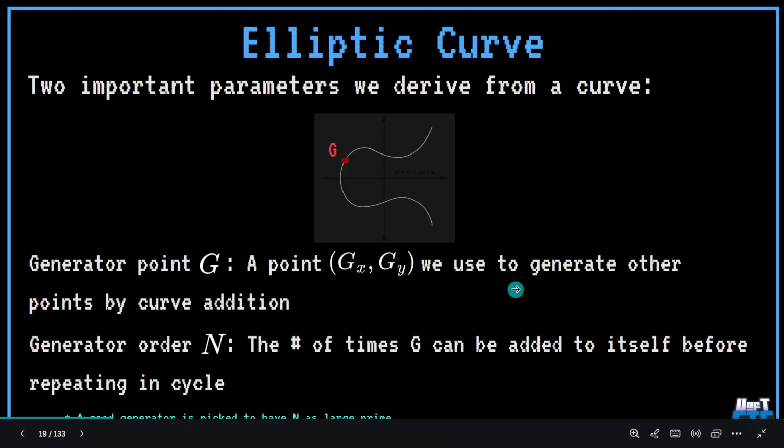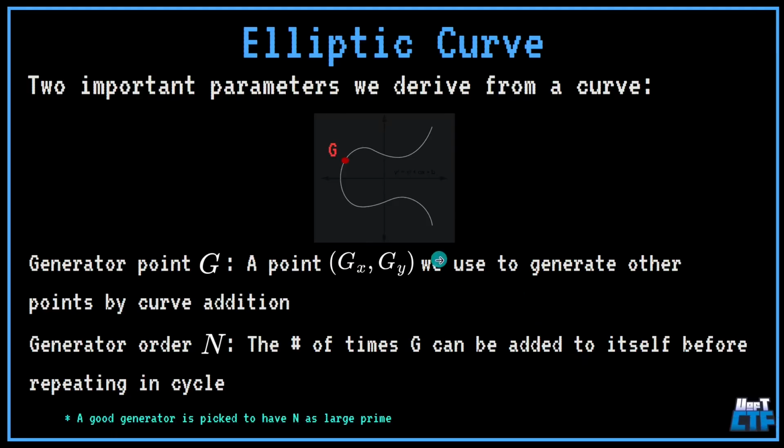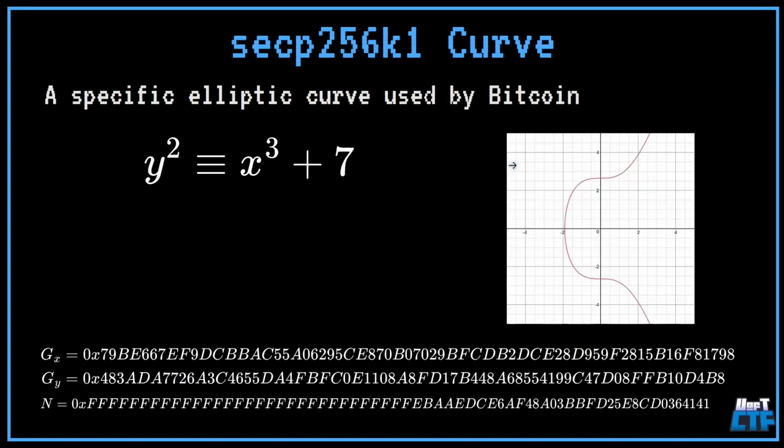There's an algorithm to find generator points, but it's a little bit convoluted. Just know that there's a way to find one, and it should be public, it should be known. I'm not sure if it's unique, but it's easy to find. There is a specific curve that everyone uses on the blockchain, the secp256k1 curve, used in Bitcoin.